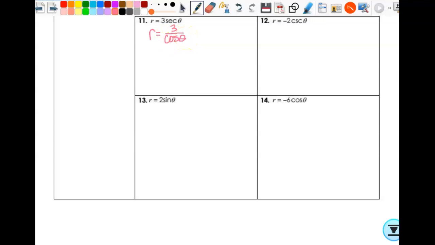So then I can multiply both sides by cosine, and I get r cosine theta equals 3. Well, can I substitute something for r cosine theta? X. So I get x equals 3. This is a vertical line through 3, and so is this. Just a different way to graph it. Okay. We good?